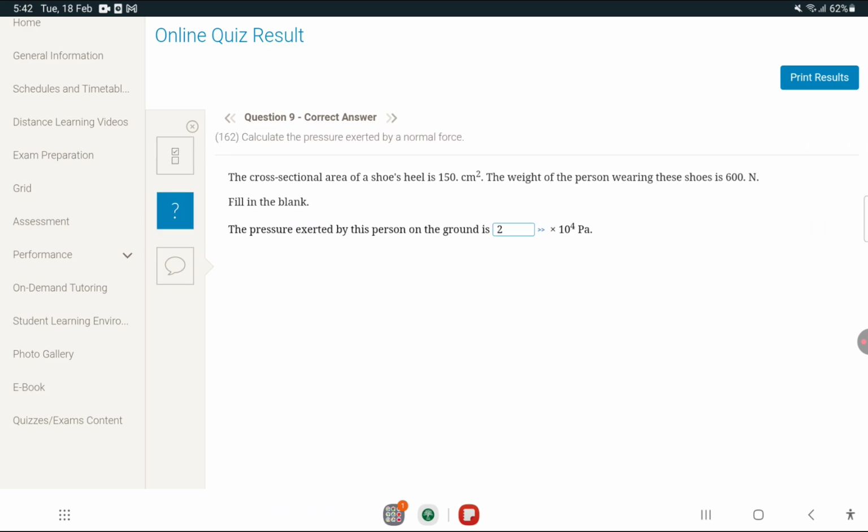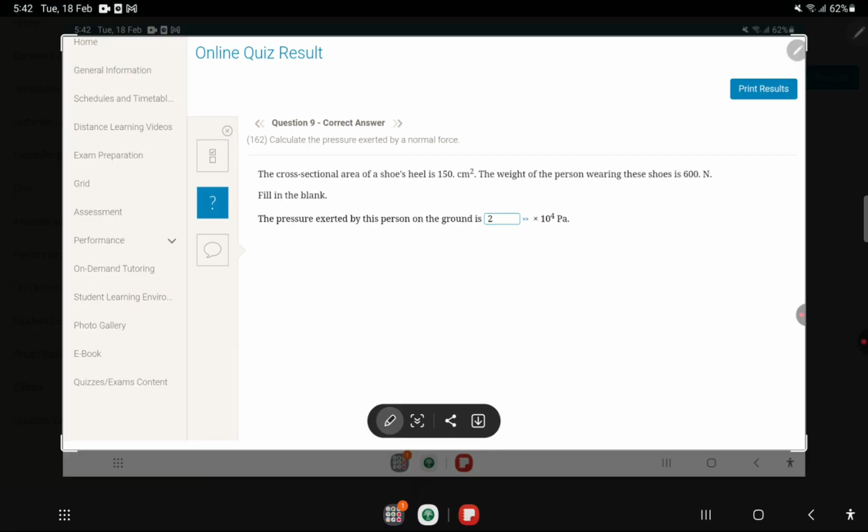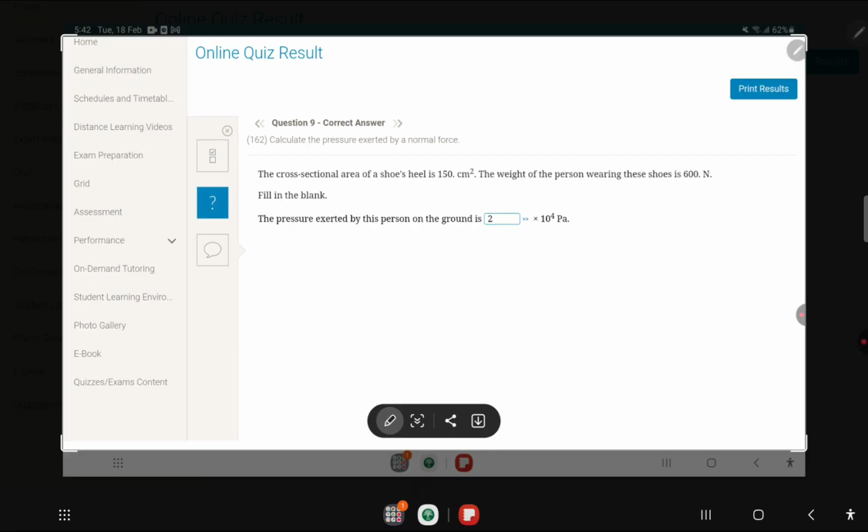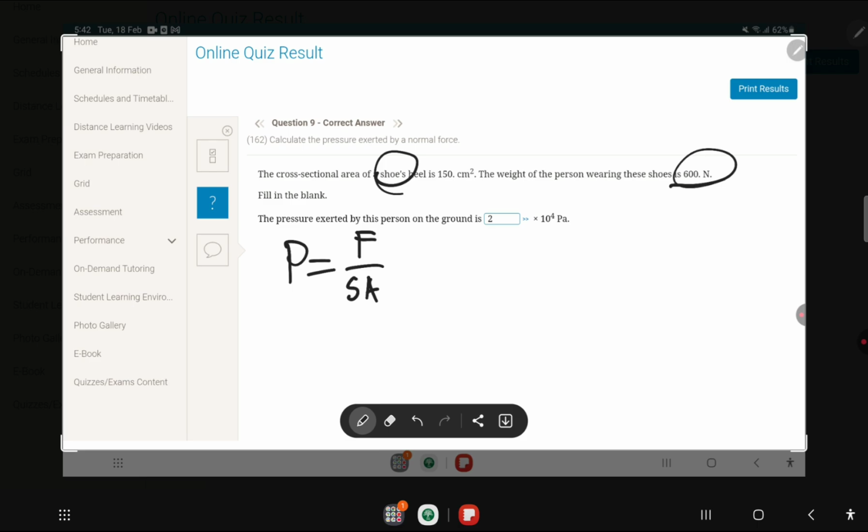Okay, the pressure, this is not for liquid things, this is for solids. The pressure is equal to force over area, or surface area. Here they say the cross section of a shoe, which means one shoe, is 150 centimeters squared. The weight of the person wearing these shoes is 60 kilograms or 600 newtons.